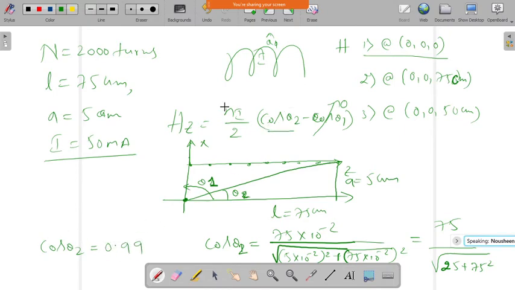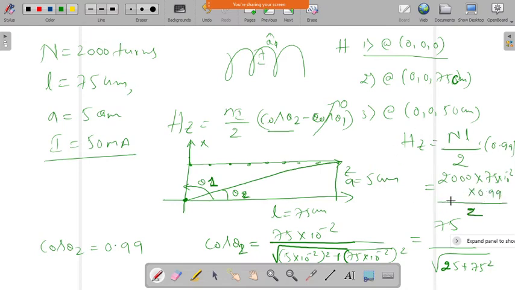Now if I substitute here, n we know is nothing but N by L. So Hz is nothing but n into L divided by 2 into cos theta 2, 0.99. So n is 2000 and L is 75 into 10 power minus 2 into 0.99 divided by 2. So this is your Hz.